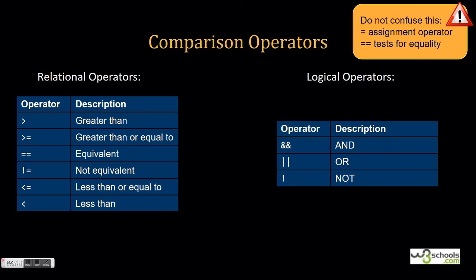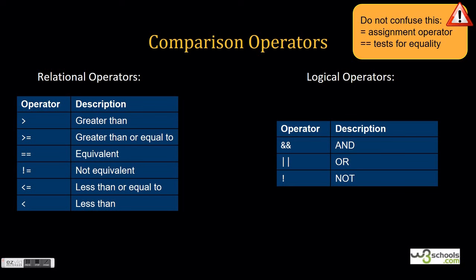We saw this operator when we were looking at variables, the assignment operator, where you have, for example, a value assigned to the population variable. When we're actually comparing, then you use two equal signs because you want to test if variables are the same or not. And then the next operator is not equal to, or not equivalent to, where you use an exclamation mark, and we see less than or equal to and the less than.